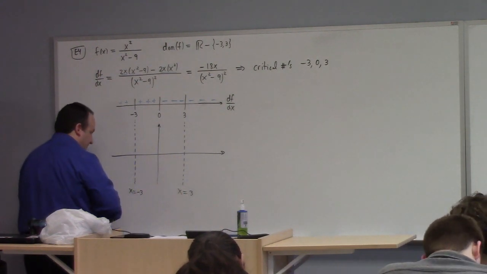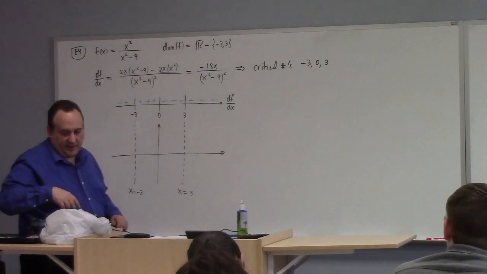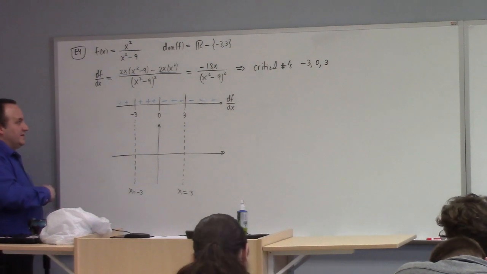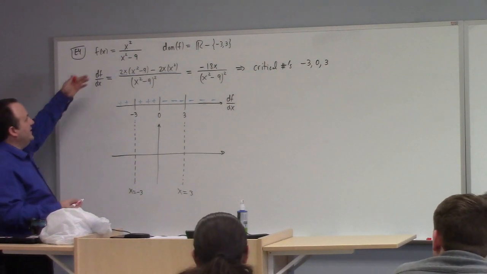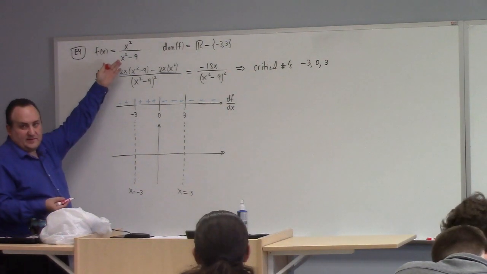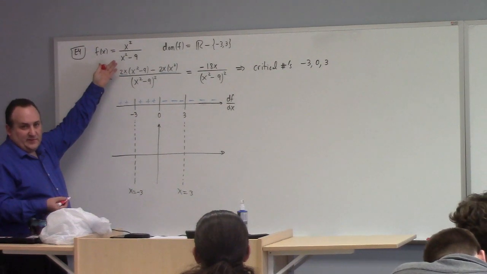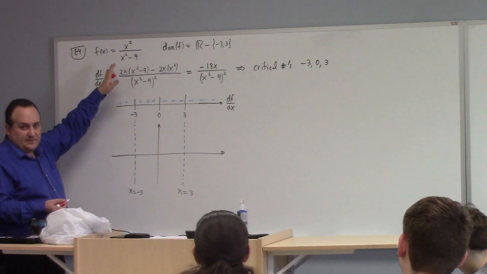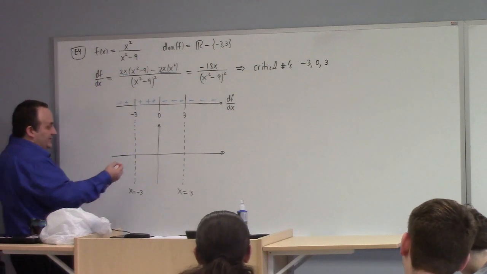You know, the basis for graphing is always the pre-calculus stuff, like college algebra. We still use it. For example, when does this have an x-intercept? Only for the numerator being 0, which happens where? Just 0. Right, so that goes here.